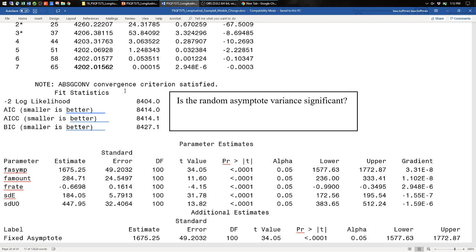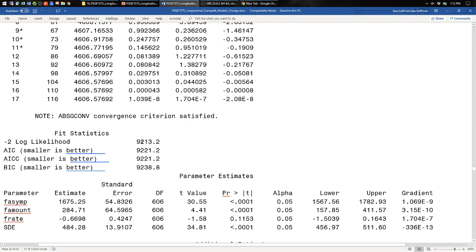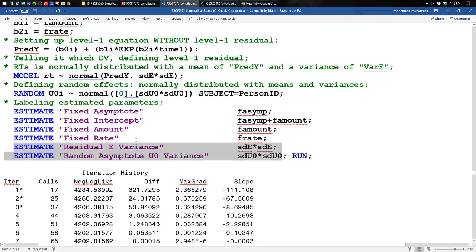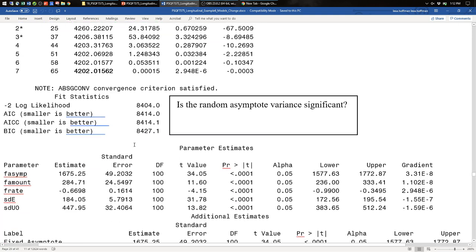Yeah, same. And since we're in regular flavor ML, we could do log likelihood differences to test fixed effects or random effects. So 8404 relative to my previous model of 9,000 and something, yes. Yes, we'll just say yes. I'll do that math in my head.